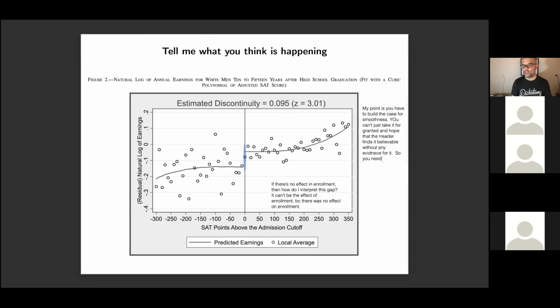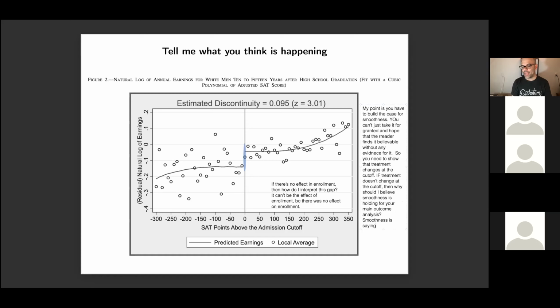So you need to show that treatment changes at the cutoff. If treatment doesn't change at the cutoff, then why should I believe smoothness is holding for your main outcome analysis?